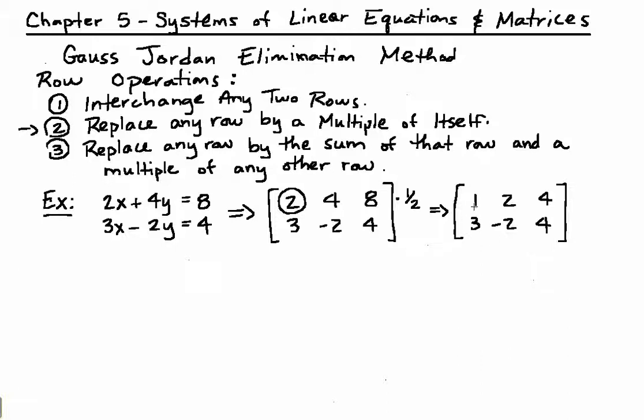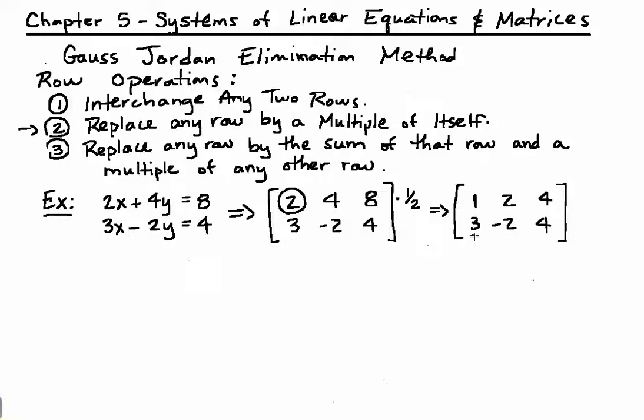And next we've got the 1 in the first column, and we want to make everything else in that first column equal to 0. So we need to make this 3 equal to 0. In order to do that, we want to replace any row by the sum of that row and a multiple of any other row. In order to make this 3 0, we're going to have to add -3 to it.